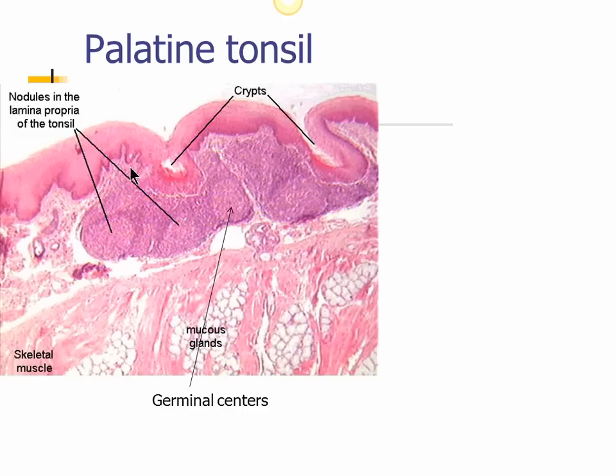So in the nasopharynx, the epithelium would be pseudostratified, ciliated columnar epithelium. And here, the palatine tonsil, which is present in the oropharynx, the epithelium is stratified squamous non-keratinized.